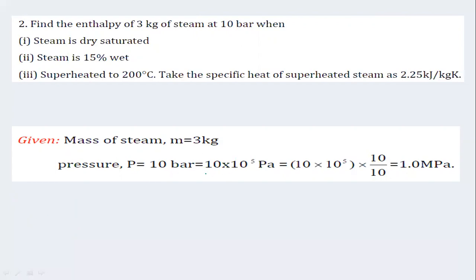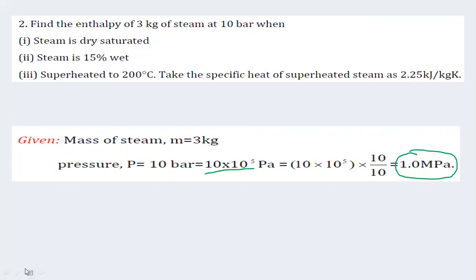Now it is in megapascal, so I am doing the conversions here. 10 bar, 10 into 10 to the power 5. 1 bar is equal to 10 to the power 5 pascal. Or if I multiply and divide by 10, then what do I get? The corresponding value of 10 bar is 1 megapascal. So now I'm using a steam table where the pressure values are mentioned in terms of megapascal.